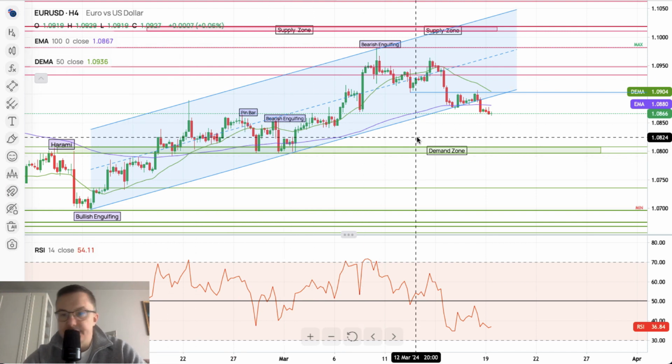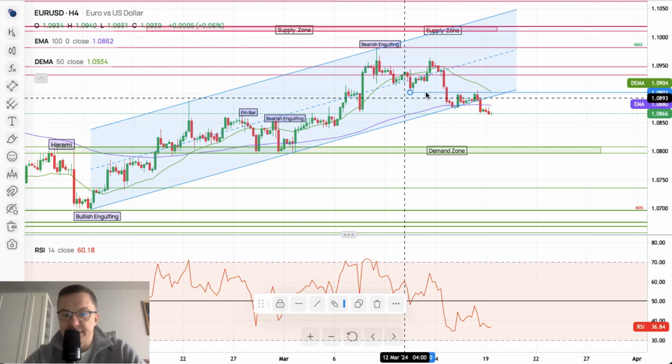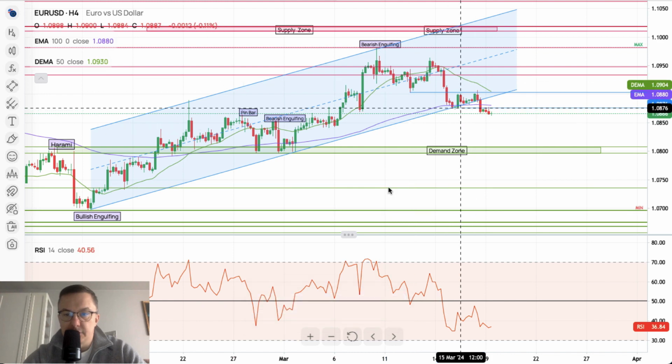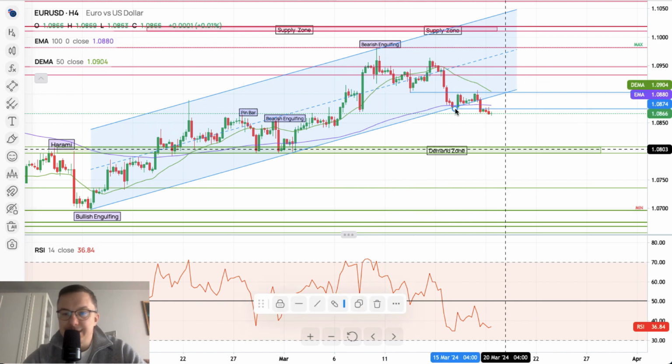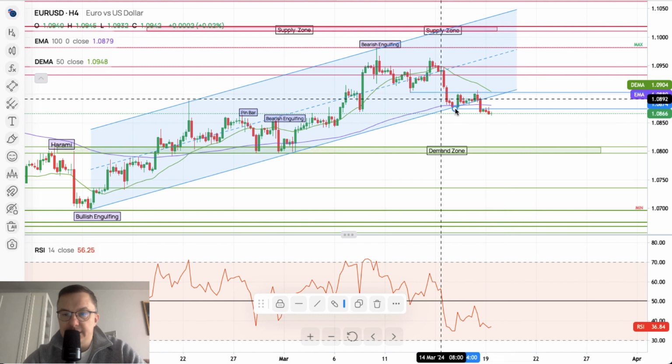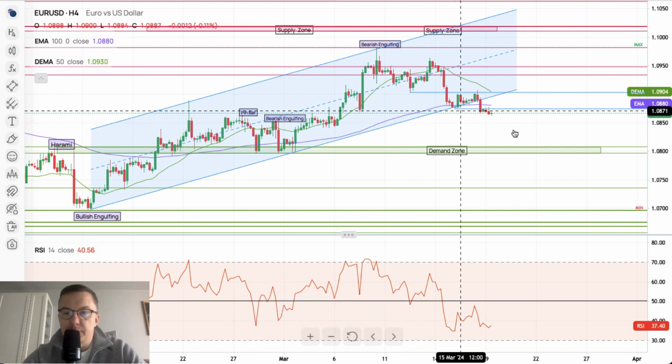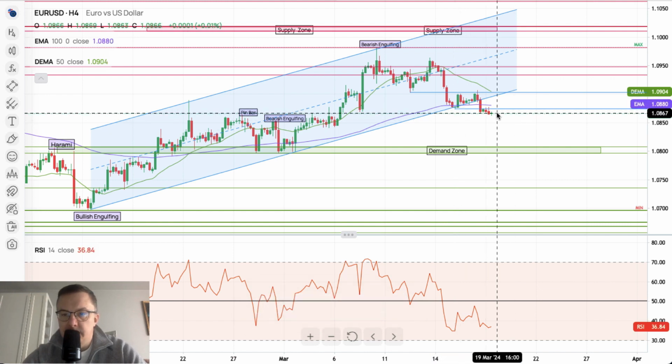So it looks like we are going to see some more downside action on the euro dollar. We got the intraday technical resistance located at 1.0874. So we need a breakout above this level in order to resume, let's say, the up move.